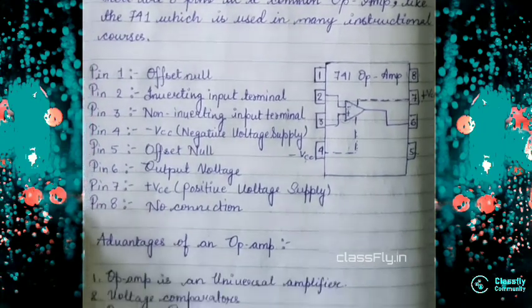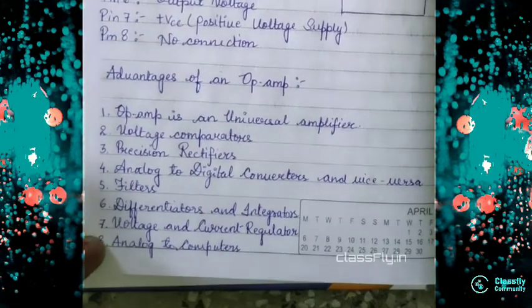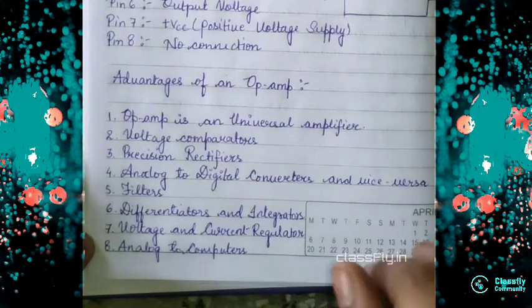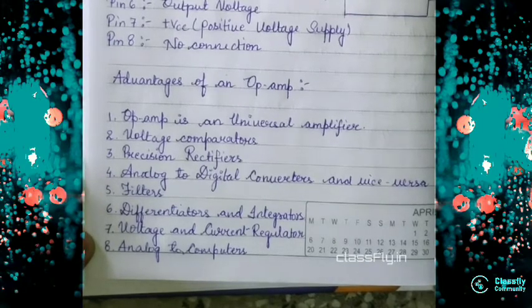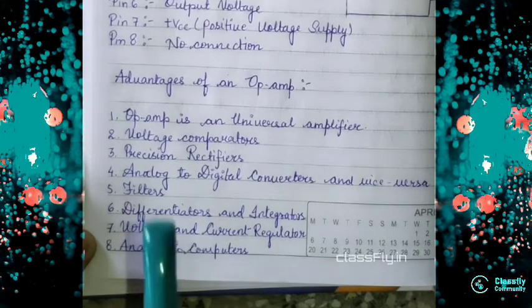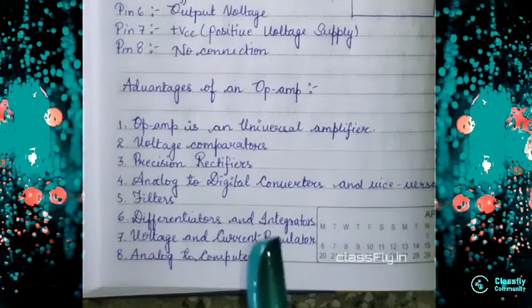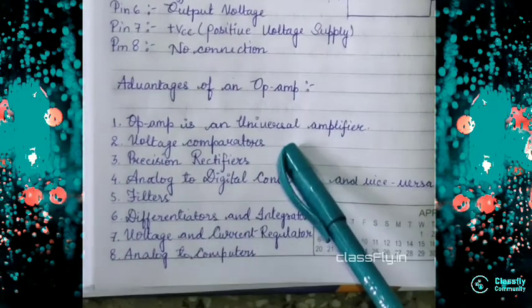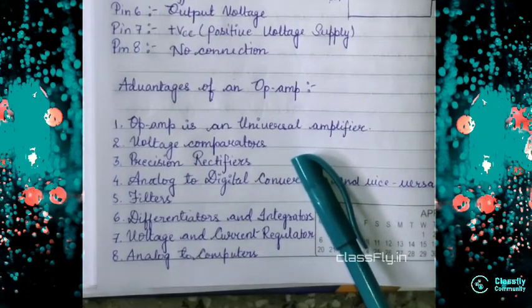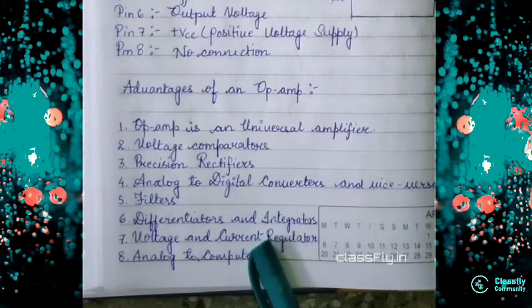Now let's move on to the advantages of an op-amp. Why do we basically use an op-amp? We know that an amplifier is anything which increases the input which was already provided, right? First, an op-amp is a universal amplifier, which means it works as every type of amplifier. Second, it can be used as a voltage comparator. Third, precision rectifiers, to give rectification with perfect precision.